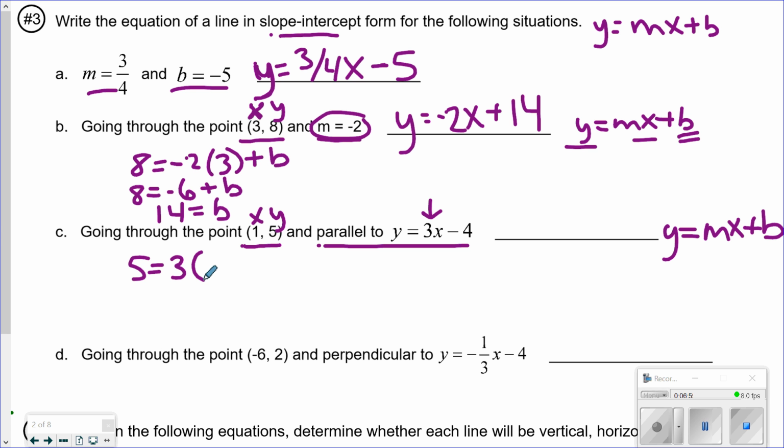The x value is 1 plus b. All right, so let's simplify this. So 5 is equal to 3 plus b. Subtract 3 from each side, so 2 is equal to b. So my final equation then is y is equal to 3x plus 2.